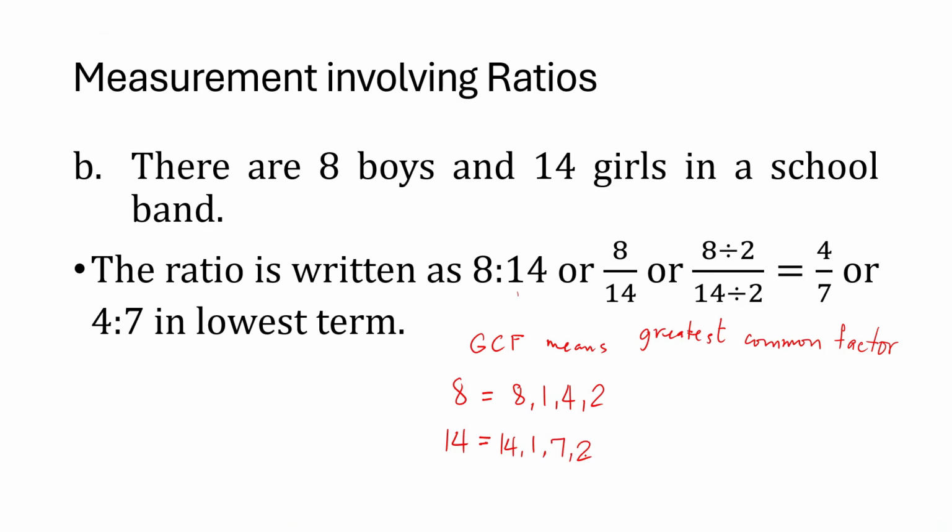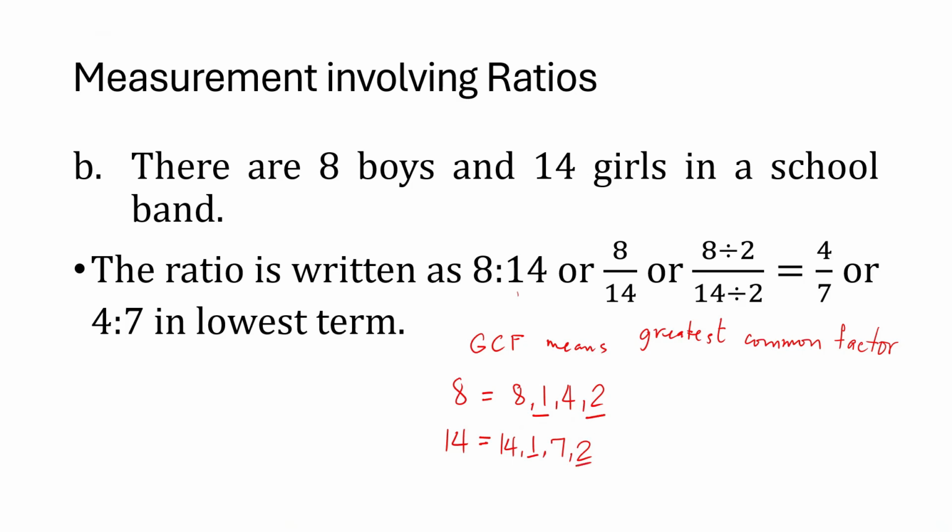So now, based from the meaning of GCF, which is greatest common factor, we need to extract the greatest common factor. So if we try to underline, the common factors between 8 and 14 are 1 and 2.